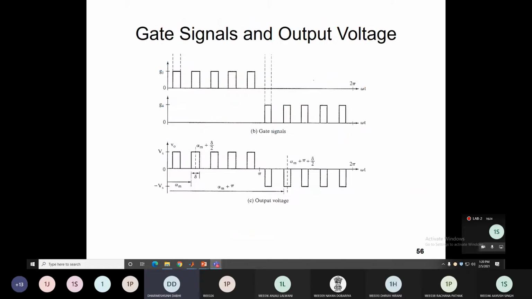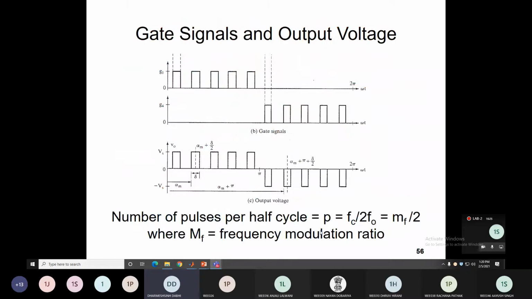As we saw in multiple pulse modulation, the equation is P = Fc / 2F0. Here P is the number of pulses per half cycle, Fc is the frequency of the carrier wave, and F0 is the frequency of the fundamental signal. Suppose the carrier frequency Fc is 1000 Hz and the fundamental frequency F0 is 50 Hz.